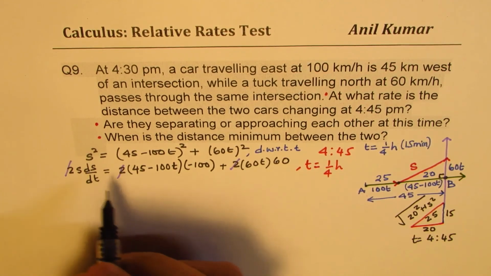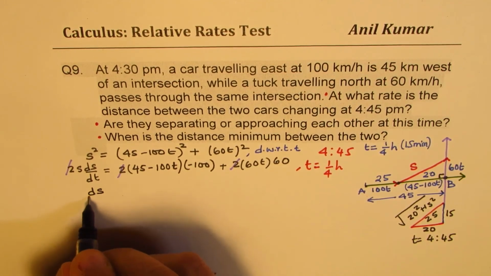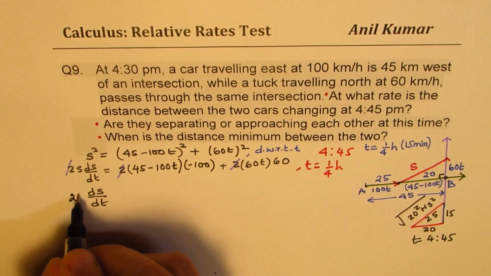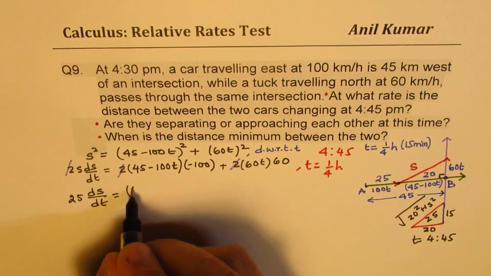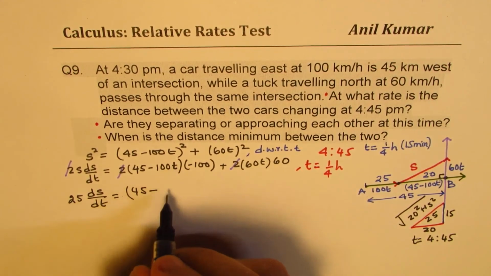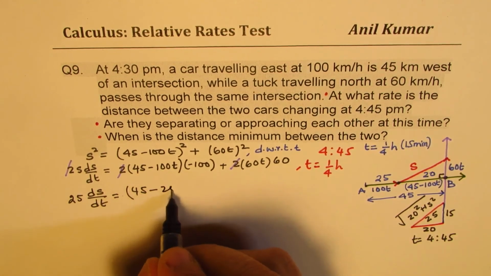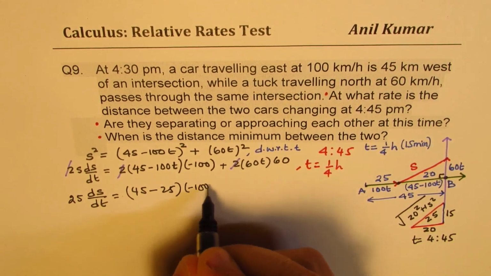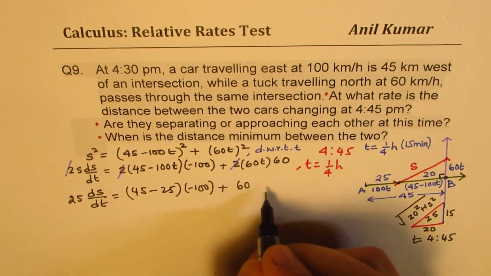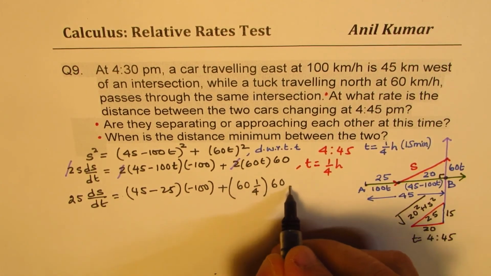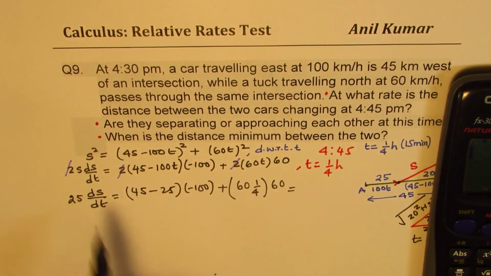So let's do that part. ds/dt, and s we found is 25, equals 1/25 times (45 minus t) times (minus 100 plus 60 times 1/4), where time is 1/4. Let's calculate this rate of change.